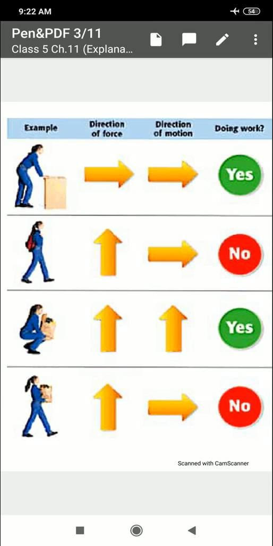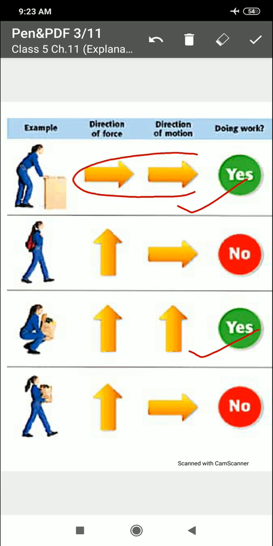The second condition of work done is force is applied and the object moves. But where does the object move? The object will move in the direction of applied force. So clearly you can see here in situation 1 and this third one, work is done. Why? Because the direction of force and the direction of motion, means movement, is same.